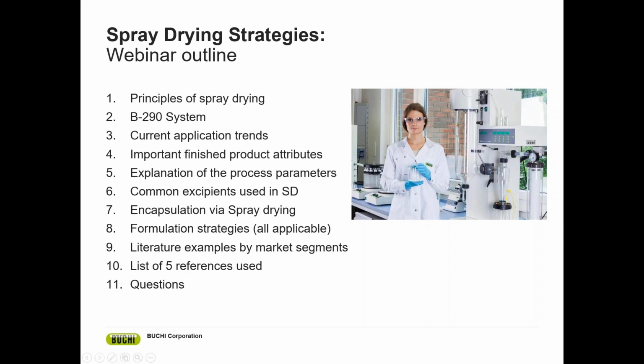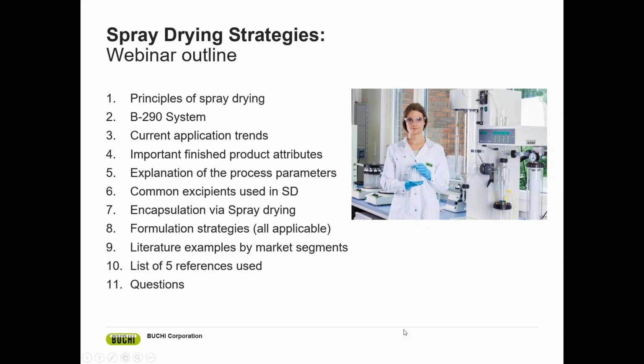So what I would like to do is start with some basic principles of spray drying so that everybody is on an even playing field, not knowing what everybody's background is in spray drying or experience in that regard. Talk a little bit about the B290, but that's not really the emphasis of today's presentation.